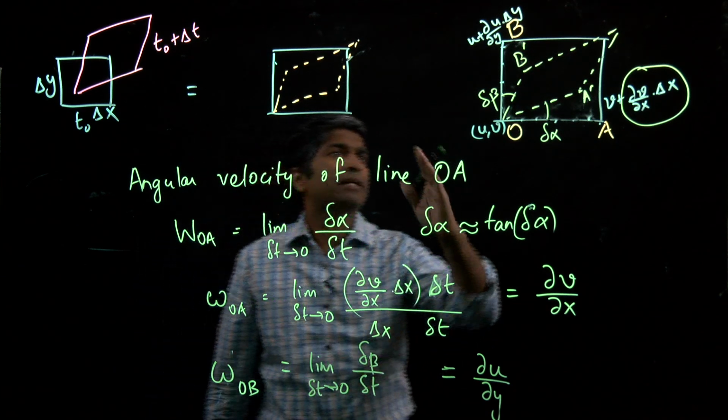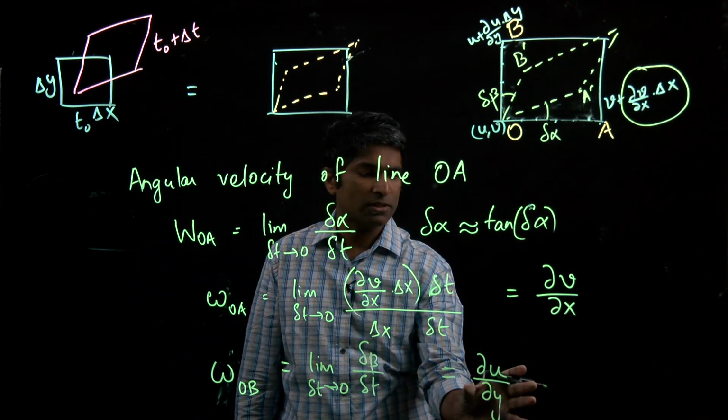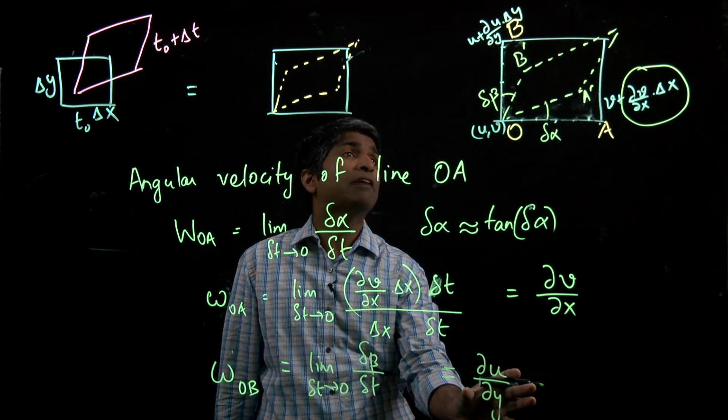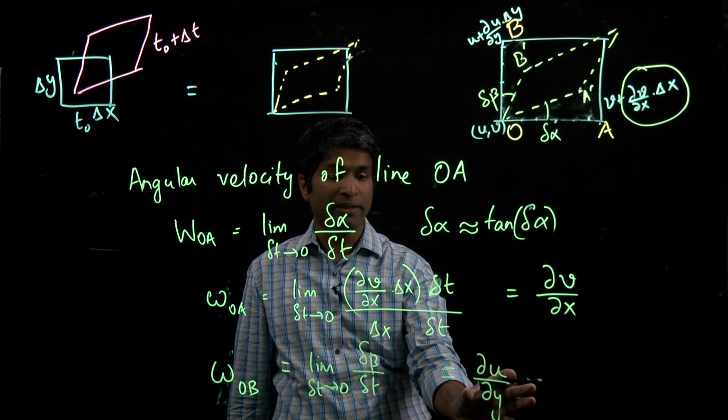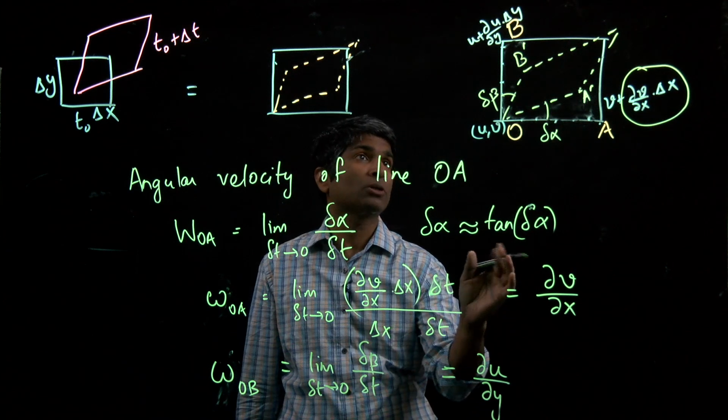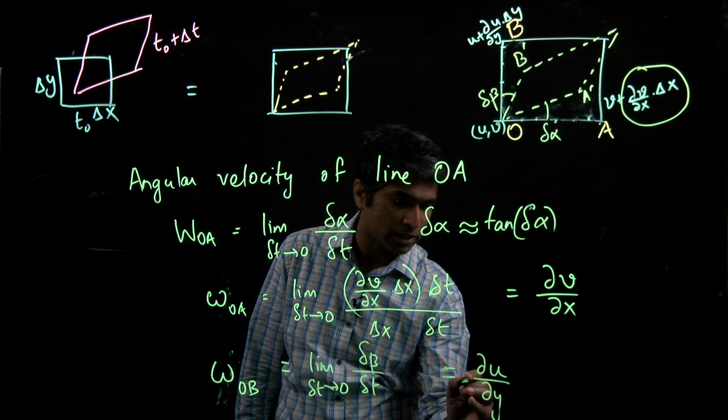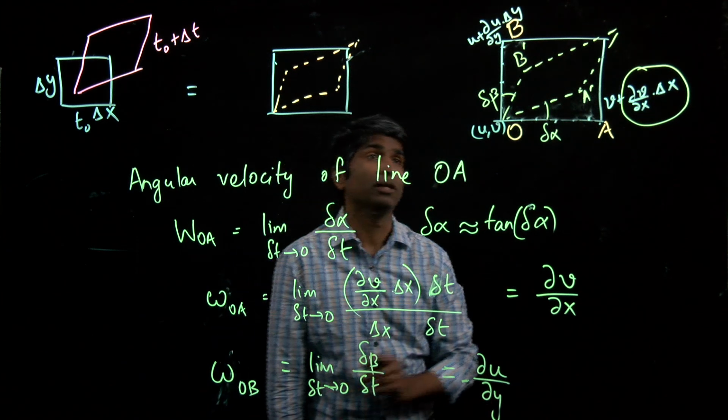Now that's the way I've drawn it, delta beta should be negative because counterclockwise is positive, so I'm just going to say that's minus del u del y.